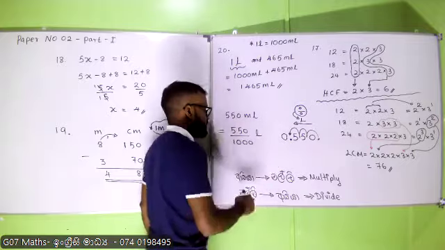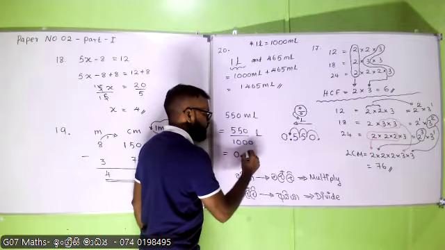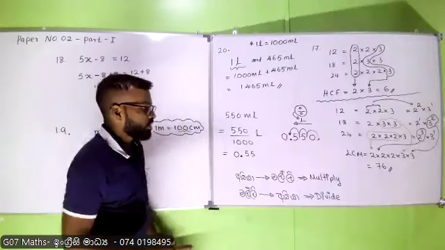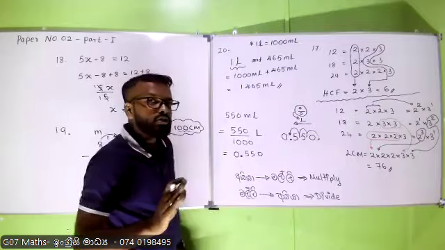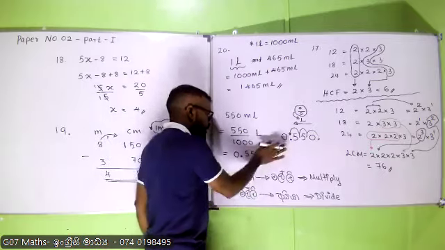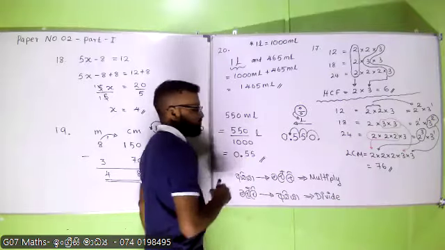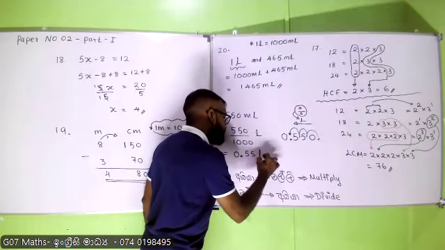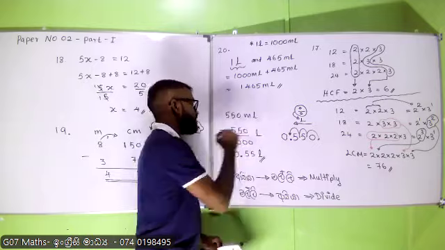So your answer will be 0.55. If you put a 0 here, this 0 does not have a value, and the final 0 does not have a value. So your answer should be 0.55 liters. Unit is essential.